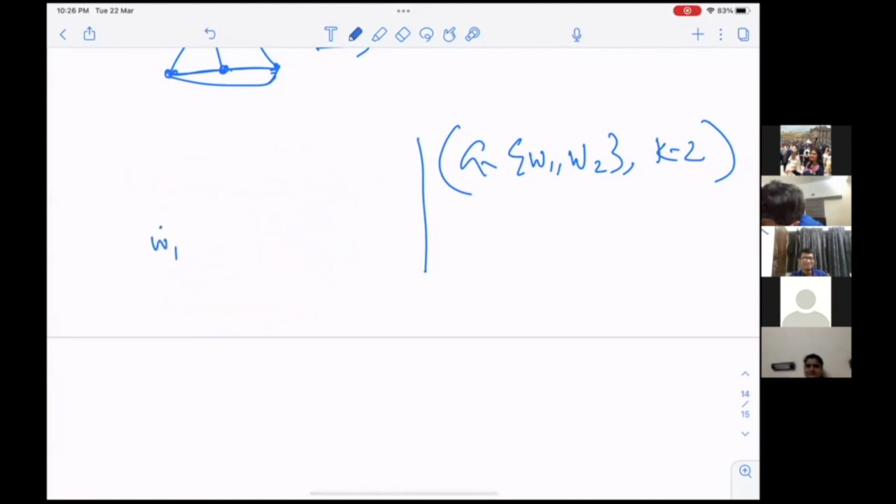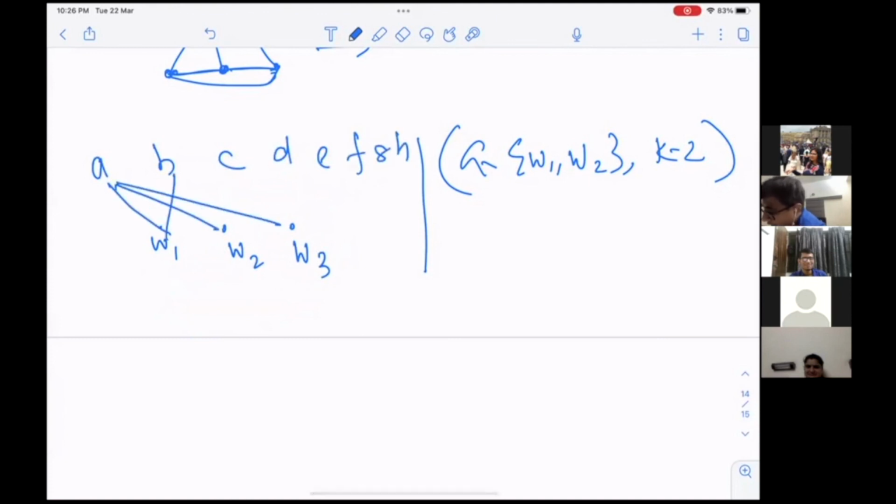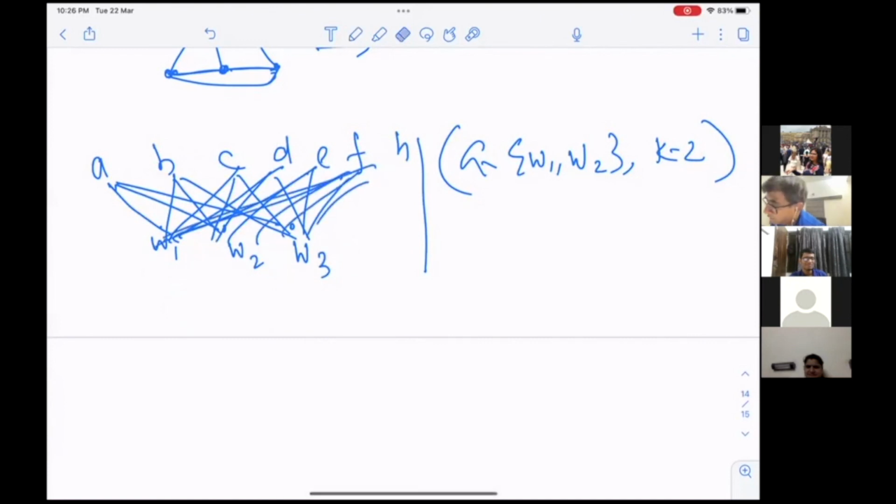Okay. W1, W2, W3, A, B, C, D, E, F, G, H. You can't apply the degree 1 reduction rule. You can't apply the degree 2 reduction rule. Now what?